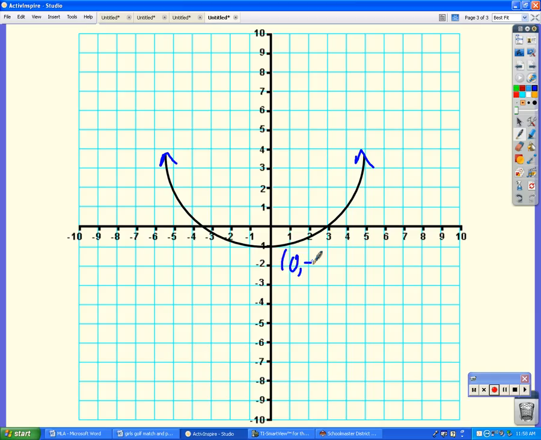Nicely done. So this point right here, which is the vertex of that parabola, has coordinates 0, -1. Because like you said, the x comes first. We went nowhere in the x direction and we went down 1. Is that vertex in this case a maximum or a minimum? This would be a minimum. Nice deal. All right, let's try another one.